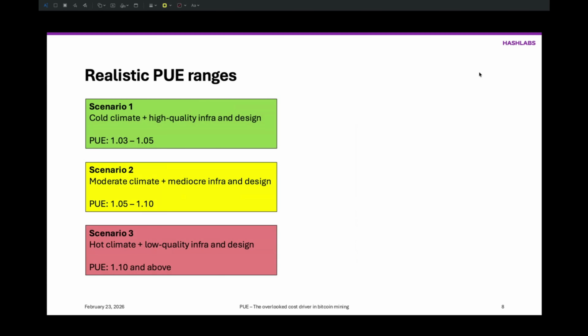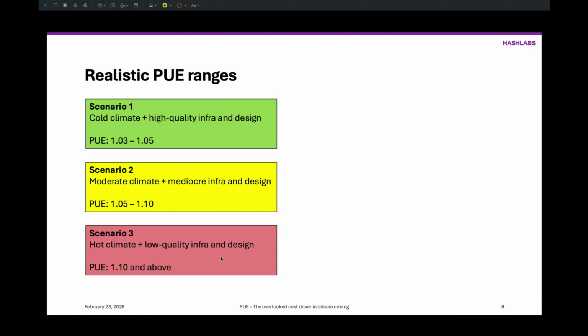And here are some realistic power usage effectiveness ranges. In scenario 1, with cold climate plus high quality infrastructure and design, all three factors are basically very optimized, then you can have 1.03 to 1.05. That's a good power usage effectiveness. In scenario 2, you might have 1.05 to 1.1.